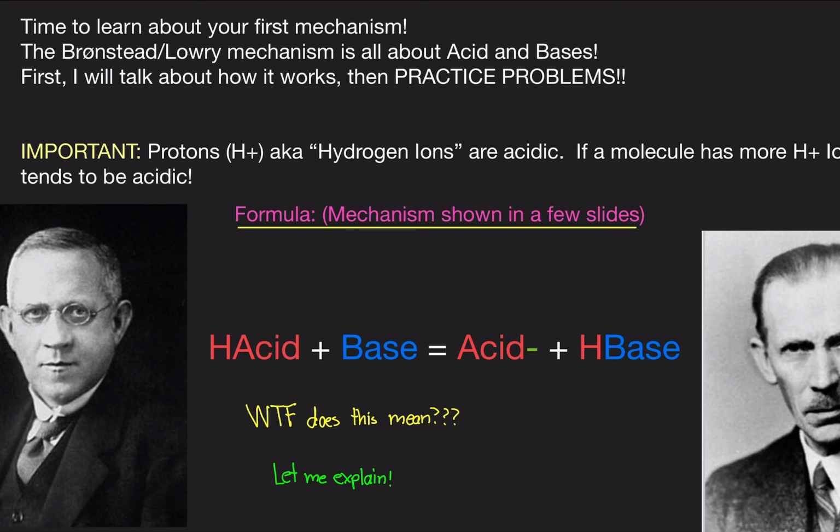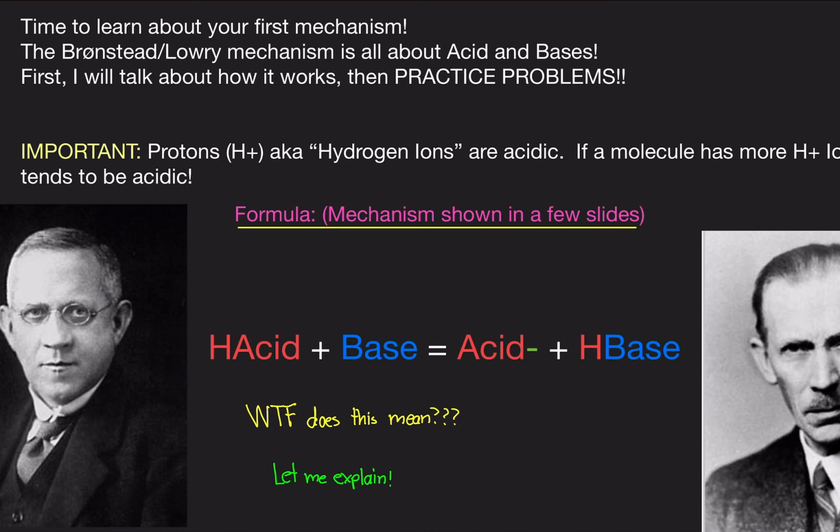When a molecule is more acidic, it contains more hydrogen ions or protons, the H+. Basic molecules contain fewer hydrogen ions. For example, water, which has a pH of 7, has an equal amount of hydroxide and hydrogen ions.